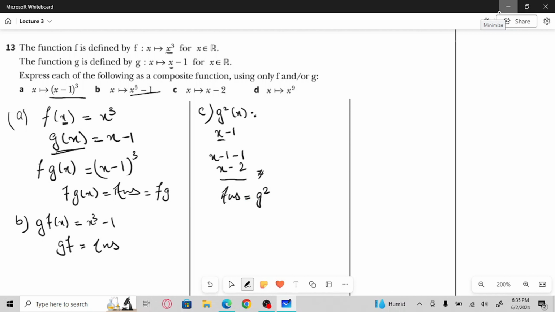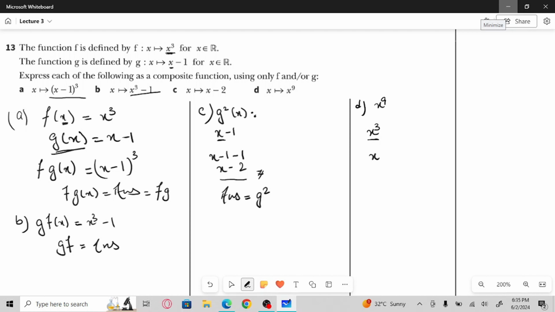That's for part C. Part D asks us for x^9, and as you can guess, x cubed multiplied 3 times, if we multiply x cubed and x cubed 2 times, we will get x^9. So again, if we input the function f into the function f, instead of x cubed, we are again going to input the value of f(x) into this.